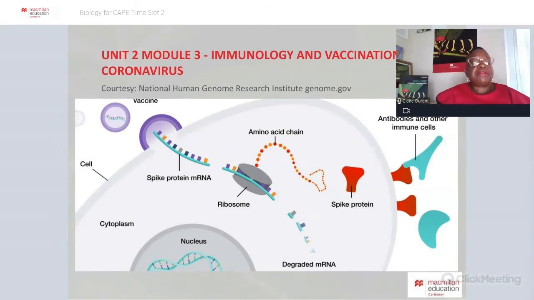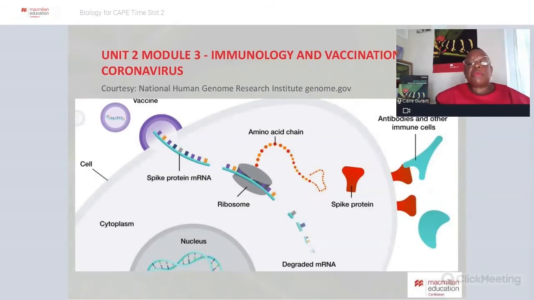So let's have a look at how that happens. We have the vaccine on the outside there in the purple, and that is injected, and the spike protein messenger RNA goes into the cell, into the cytoplasm, and then the ribosomes make an amino acid chain, which then folds itself into the spike protein.